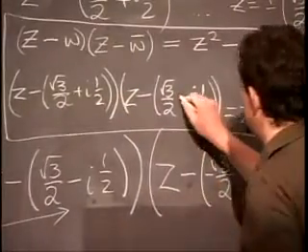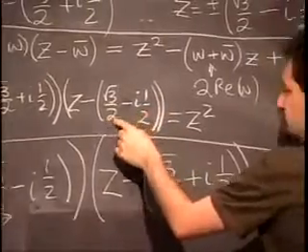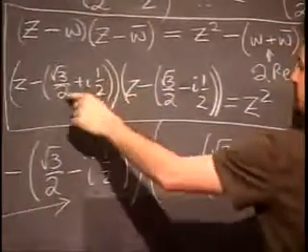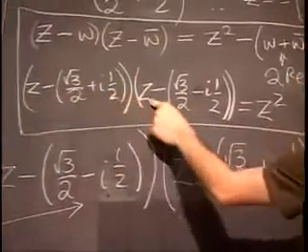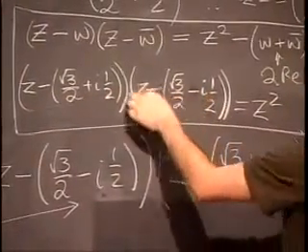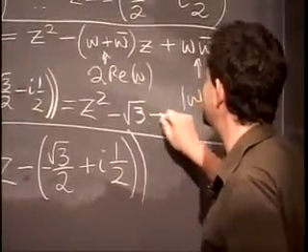There's a minus here. There we go. So I'm going to get root 3 over 2 z, another root 3 over 2 z. I'm going to get minus i times a half z, but I'm going to get plus i times a half z, and that will cancel out. I'm just going to get minus root 3 z.